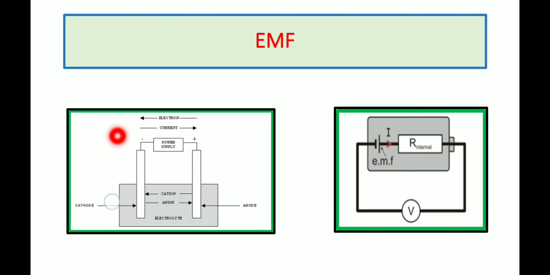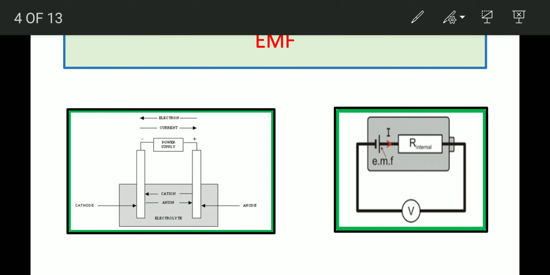In this particular picture, you have been shown an electric cell and there are two electrodes placed in the electrolyte. The electrolyte dissociates into anions and cations.